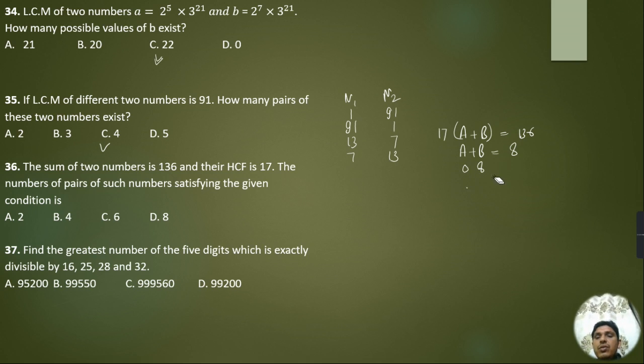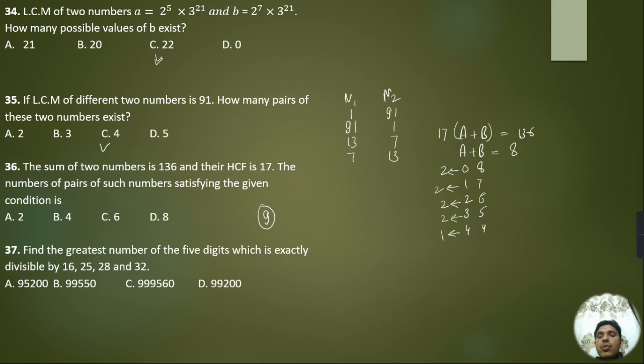So 0, 8 and 1, 7, 2, 6 and 3, 5 and 4, 4. Two values from each of the first four pairs, and one value from the last. That means the total number of values should be 9 that satisfy the condition. I guess the option is not there. The answer of this question should be 9.